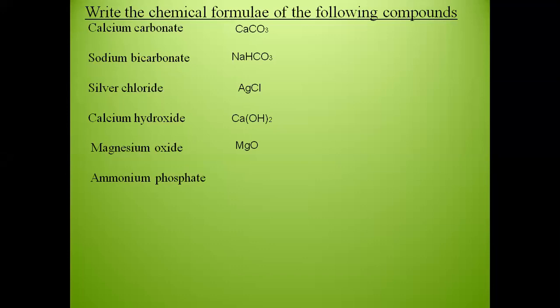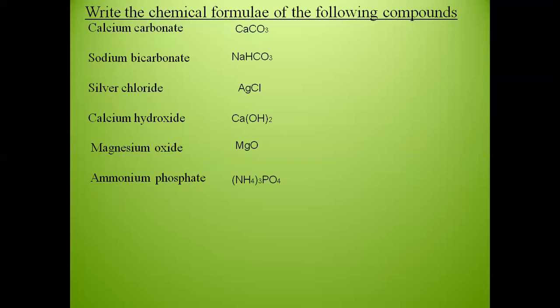Next one, quickly. Ammonium phosphate. Ammonium, as I said, is the only basic radical composite one given to you. Ammonium is NH4. Phosphate, like we have done in the previous case, PO4. When you crisscross, you get the answer as (NH4) thrice PO4. There are chances that you might make little errors, but go very slow when you're doing such questions.